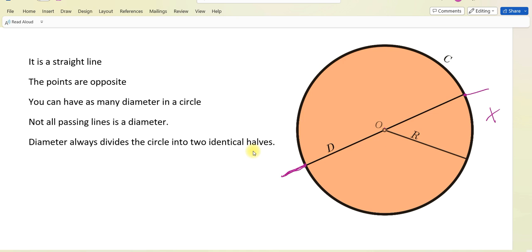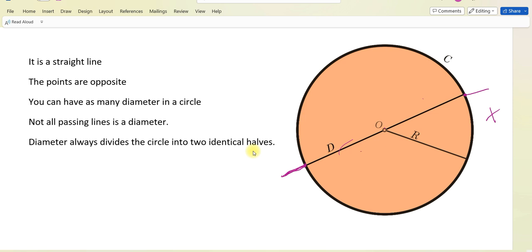One more very important thing is that a diameter always divides the circle into two identical halves. Why? Because you always join opposite points. So the diameter will definitely give two identical halves. If I join the line, this becomes the first part and this becomes the second part, and they are identical. That is how the diameter is known.